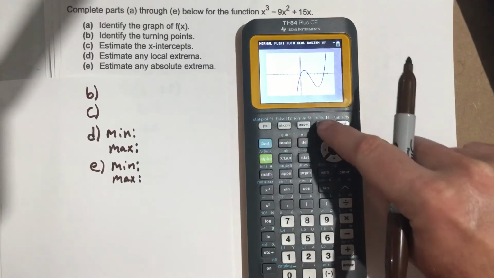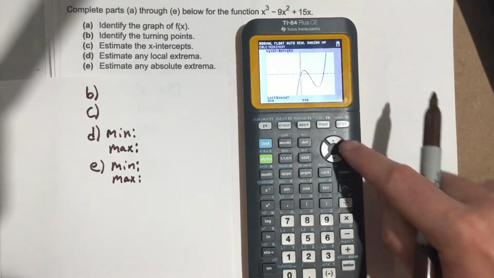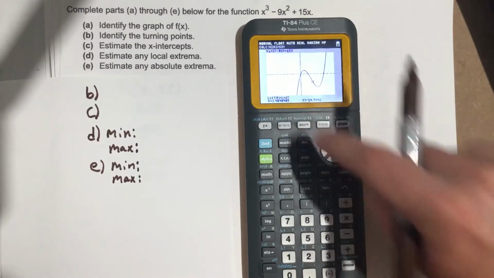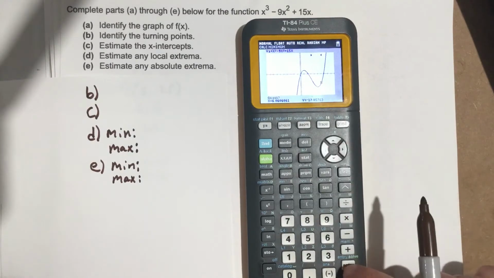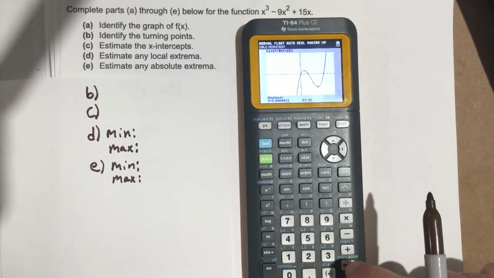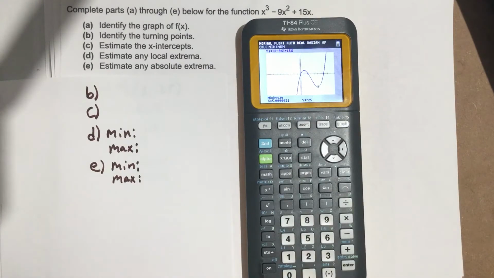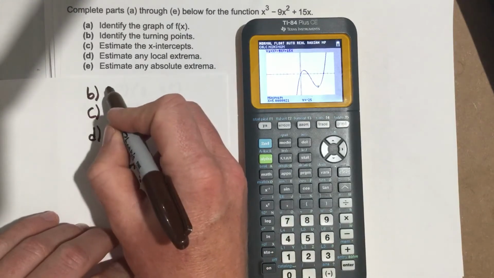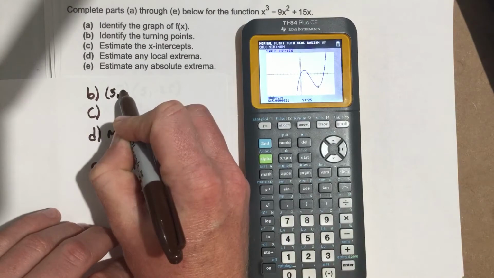We're going to use this calc button, and we're going to find the minimum first, which the minimum is down here. So it says left bound. We're going to bound it. Right bound. Guess, please. It gives you 5, negative 25. So for the turning point, we're going to have one of them being 5 comma negative 25.